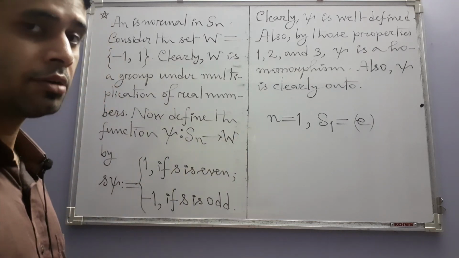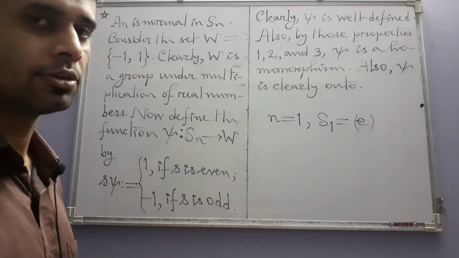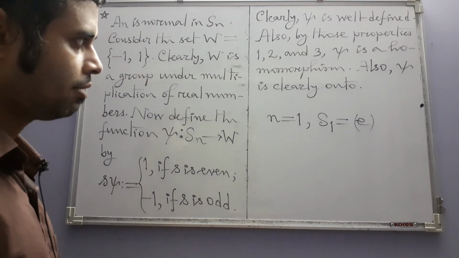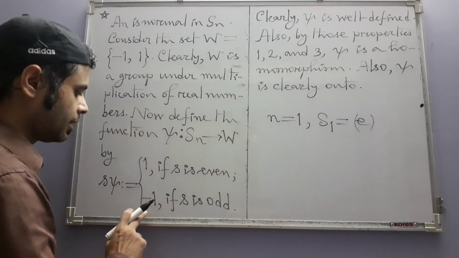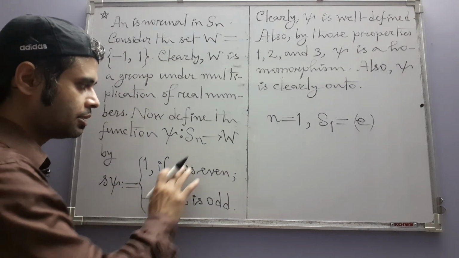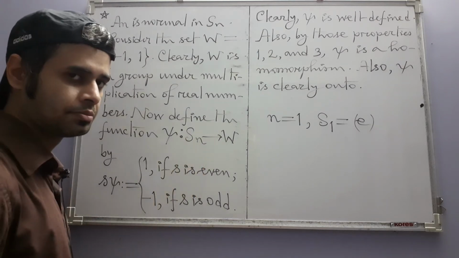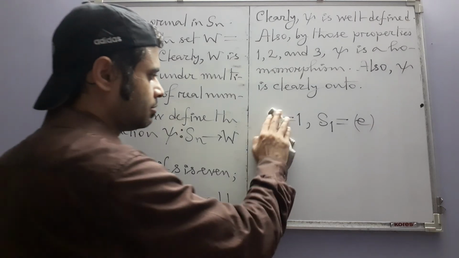But how exactly? If you, for example, decide to ask yourself, okay, let me see how exactly is psi onto, then you have to show that both these images actually occur as images of some input under psi. But that is easy.